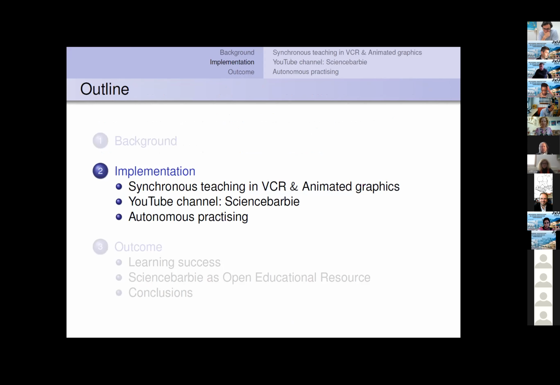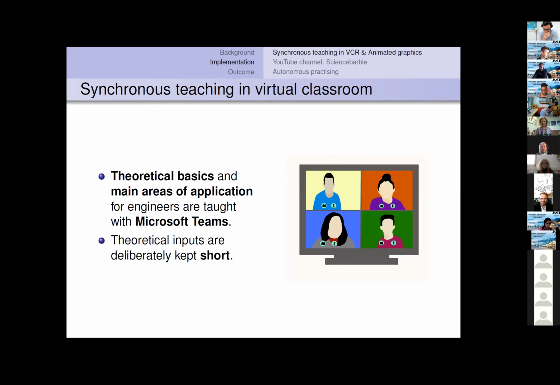So about the implementation. The theoretical basics and the main areas of application for engineers and scientists are taught with Microsoft Teams. However, these theoretical inputs are deliberately kept very short to not overstress the students and to optimally use the time of attention that they can bring in and that they can focus on the lecture.